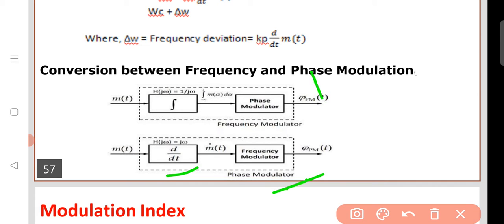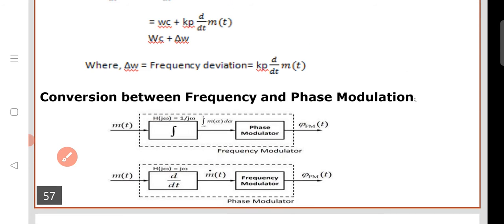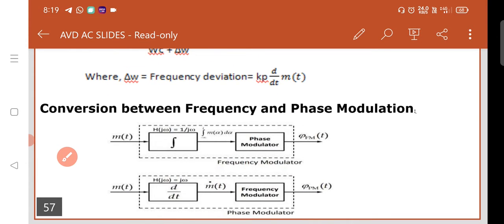By observing the two equations of phase and frequency modulation, we conclude like this.